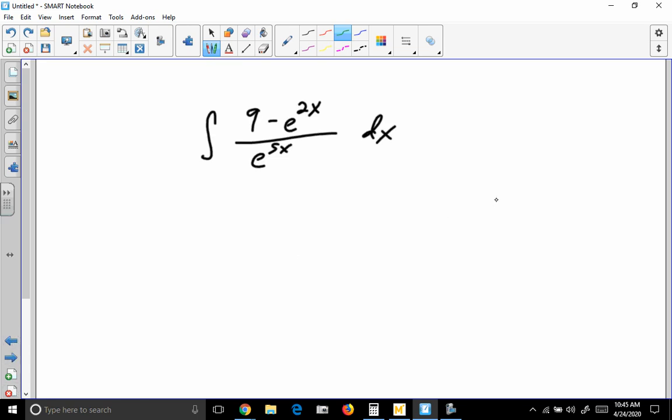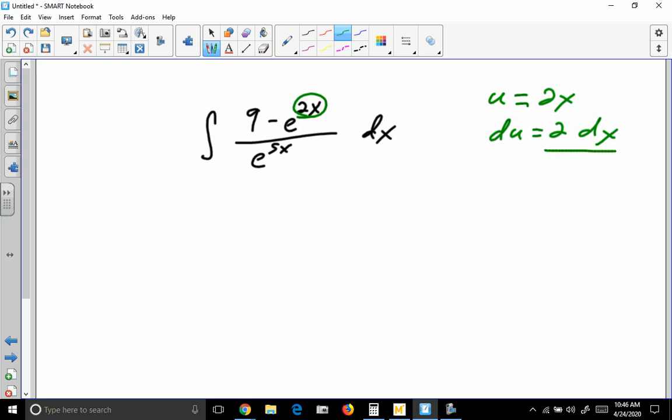This one is a little trickier because if we were to let u be the exponent of e, we would have a couple issues. Which exponent do we use? Do we use the 2x or the 5x? Well, if we use the 2x, du is 2 dx. So if we try to make this e to the u, everything else is not du.